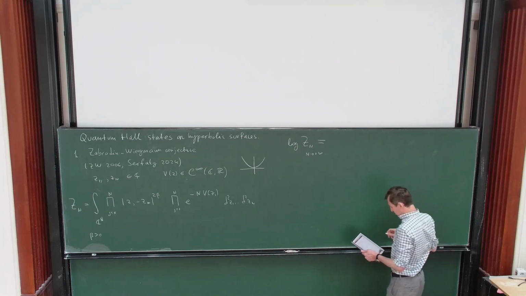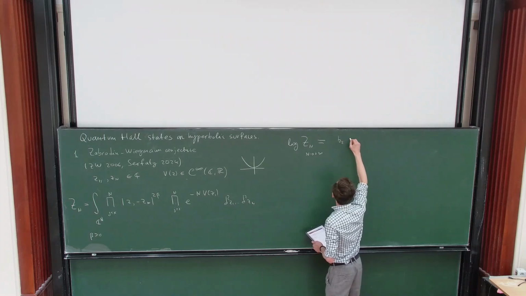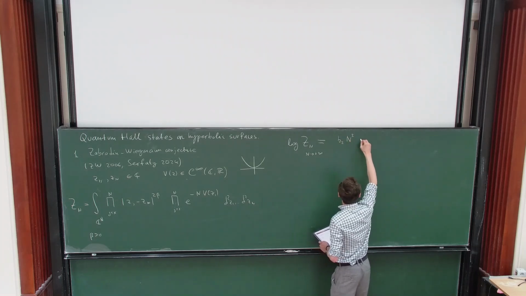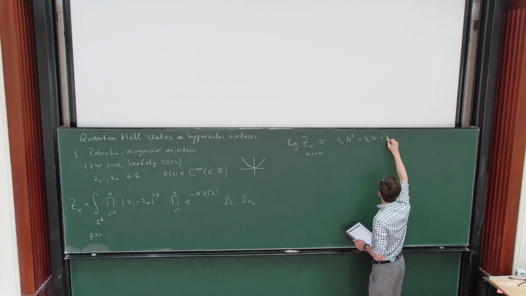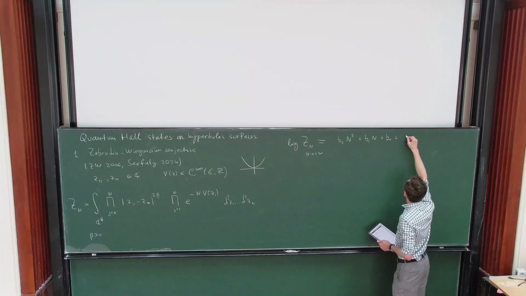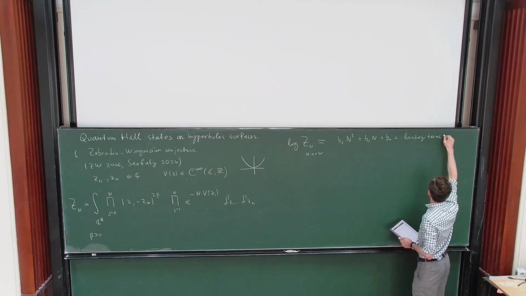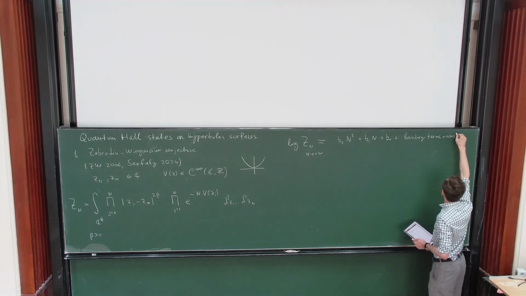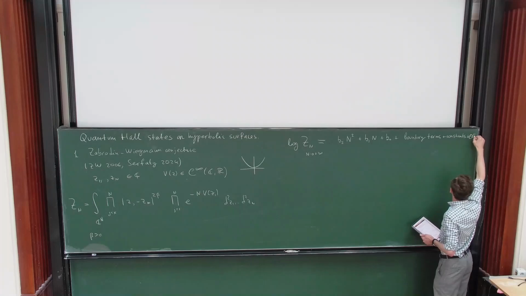There is going to be a structure something like that, plus some boundary terms. I will explain what all this means, plus constants, plus terms of order small o.